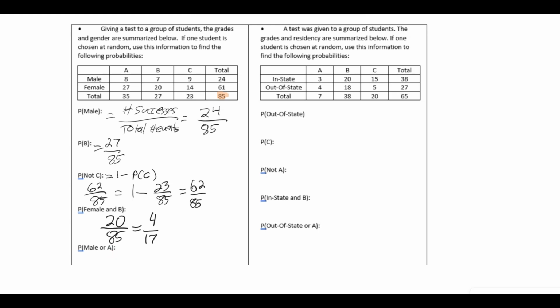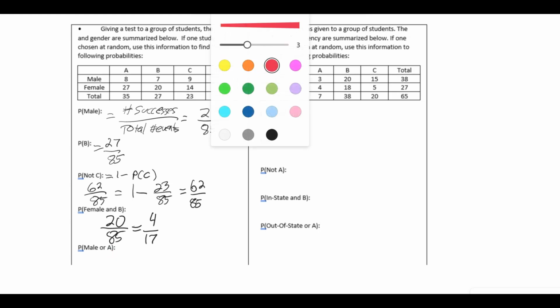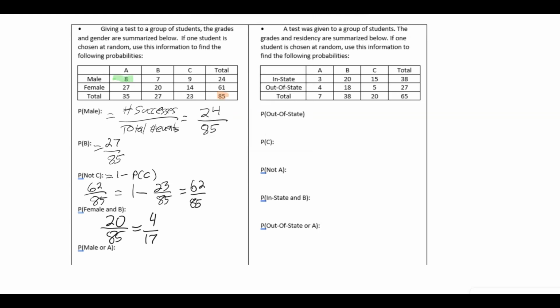So if I were to highlight all the males, I would get these, or the A's, and we get these. Notice that these 8 students were counted when we counted up the males and counted when we counted up the A's. So we have to be careful that we don't double count those 8 students.